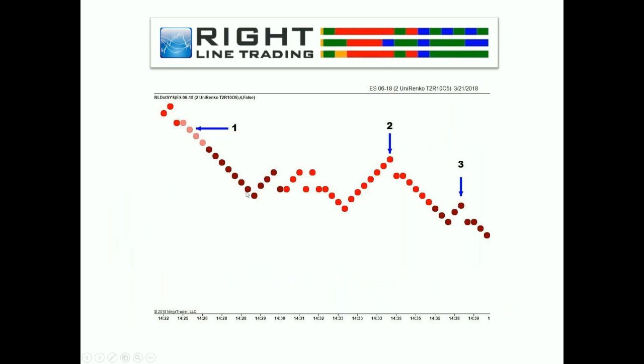Now, the dots that we've added are showing you the multi-time frame assessment of the Russell and the NASDAQ. So when you take an E-mini trade, it's great to take it when the NASDAQ and the Russell are moving in the same direction.